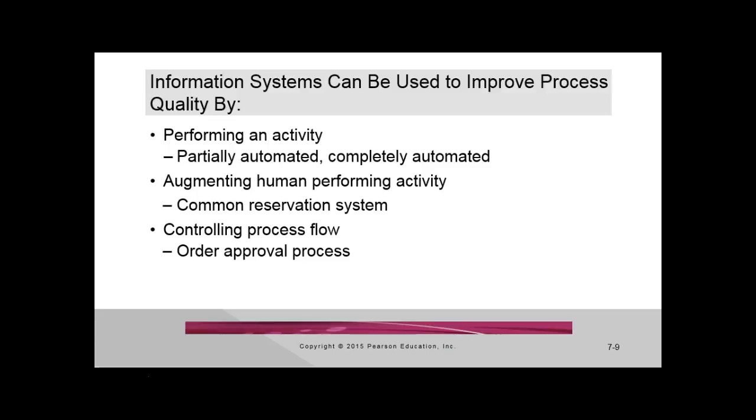When we call a help desk, we're still talking to a person, but they have some kind of system that allows them to help me, right? They have a script. They can look into it and say, we've had this problem before. These are the things we want to do. So information systems can perform an activity, obviously, activities that were done by humans. It can augment an activity.